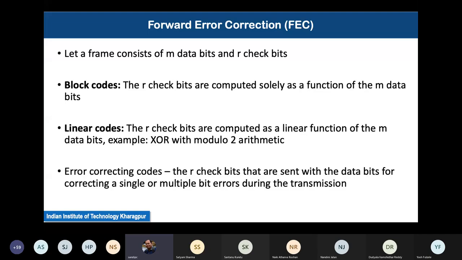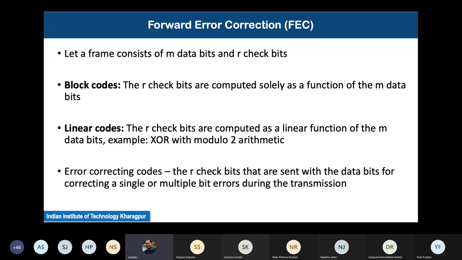Then we checked the computation of checksum, where again we send a set of additional bits to compute the checksum. Finally, we have seen the checksum based on cyclic redundancy check, or CRC. Now, the important point I mentioned in the last class, trying to reiterate it, is that as you move from a simple method to a much more complex method, you have to send a number of additional bits.